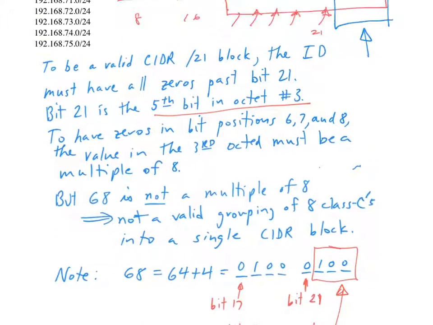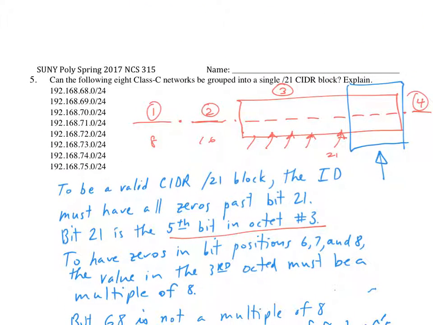Okay? Again, if we look back here, if we're grouping 8 of them, we're going from /24 to /21. 8 together means that we're going to have 3 bits, which means we're 3 off on our slash number back to a /21, and we've got to have a multiple of 8 in this spot right here if we're going to use this as our starting spot.